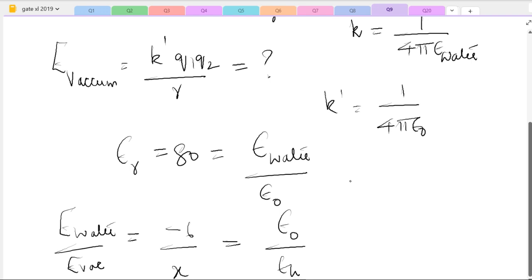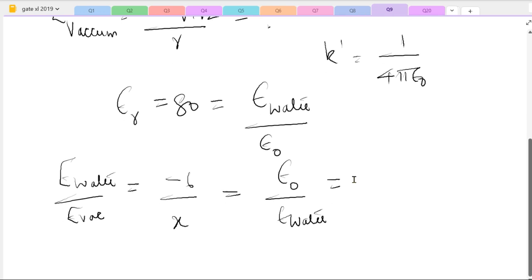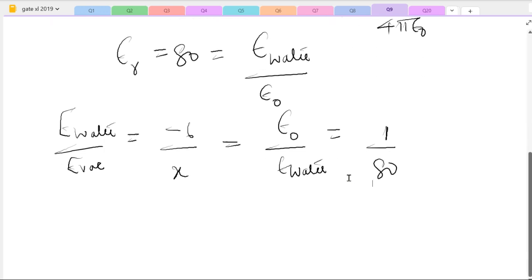Epsilon water by epsilon naught is equal to 80, so epsilon naught by epsilon water is equal to 1 by 80. So now X is equal to minus 6 into 80, which is minus 480 kilojoule per mole.